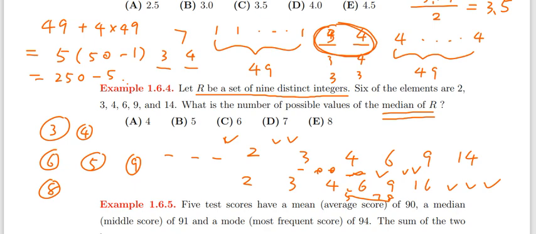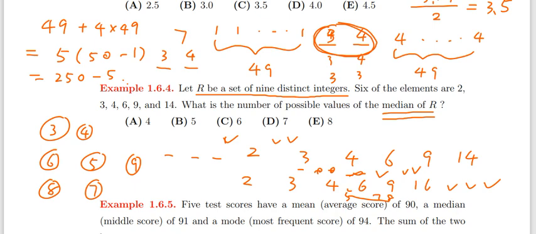Such a problem is a little bit tough. We just check many cases. It can be other numbers like 3, 4, 5, 6, and 7 can be the median, I think 7 is also okay. 8, 9, 9 is also okay.